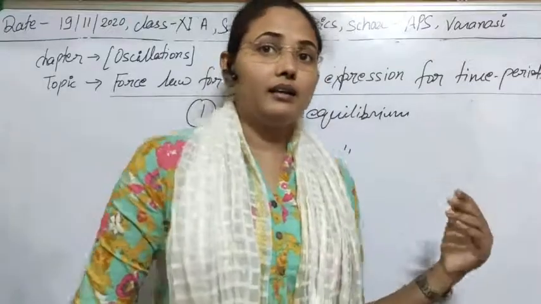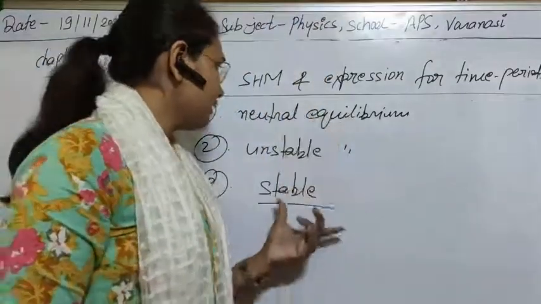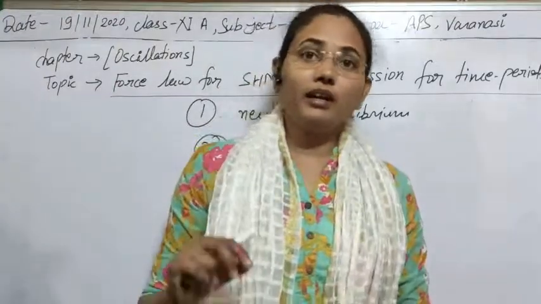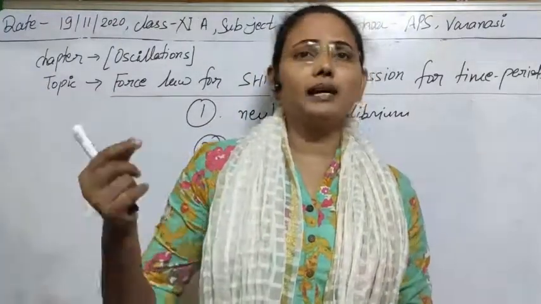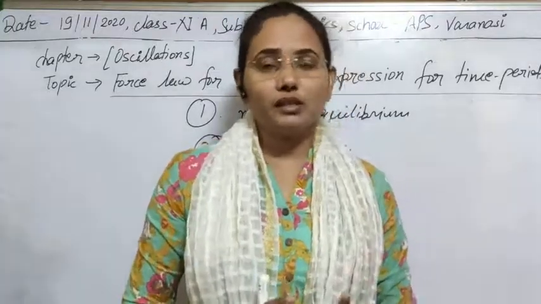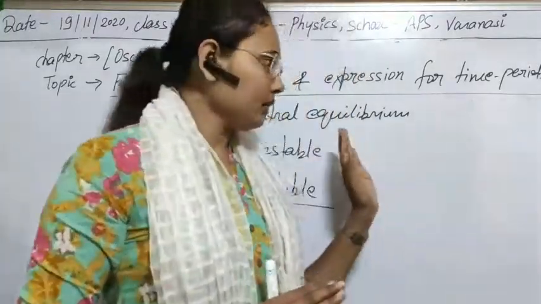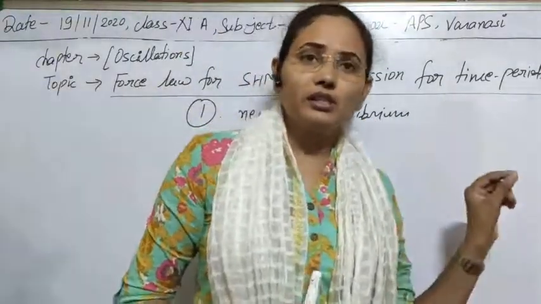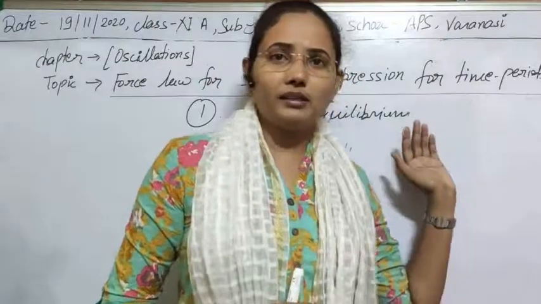So again, let's see in a summarized way. In neutral equilibrium, if we displace the body, then the body will be in equilibrium at the new position. Means at every point it will be in equilibrium, and with any displacement it will become a position of equilibrium at every point in space.